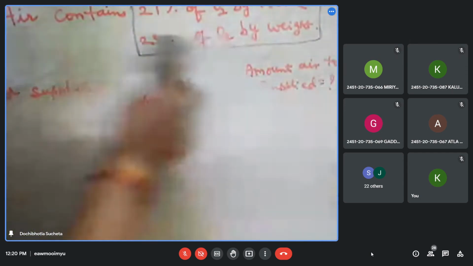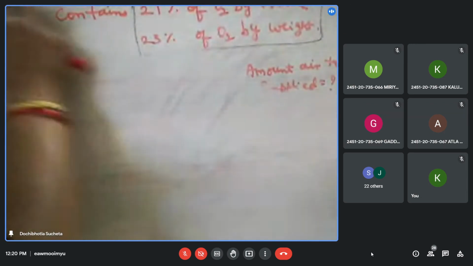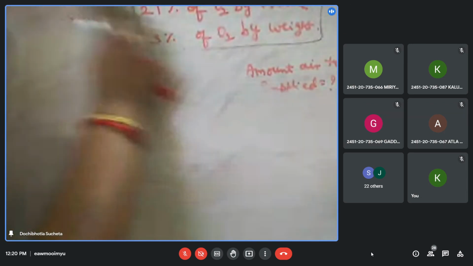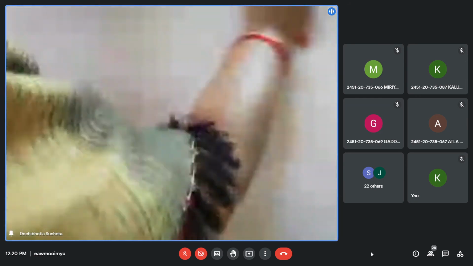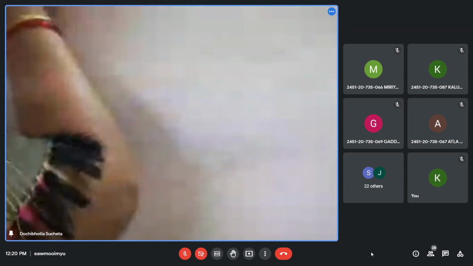Fourth point, molecular mass of air is equal to 28.94 grams per mole.